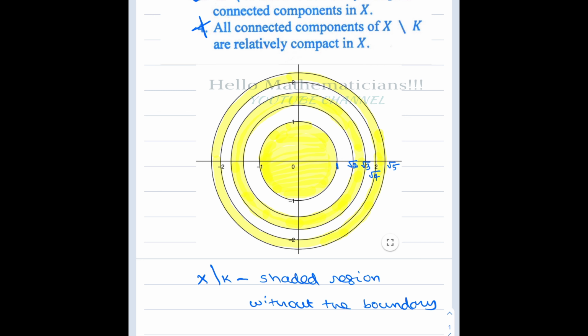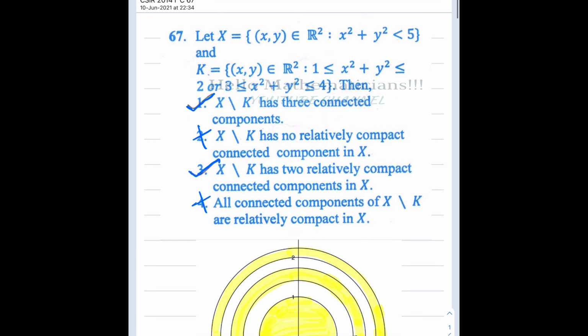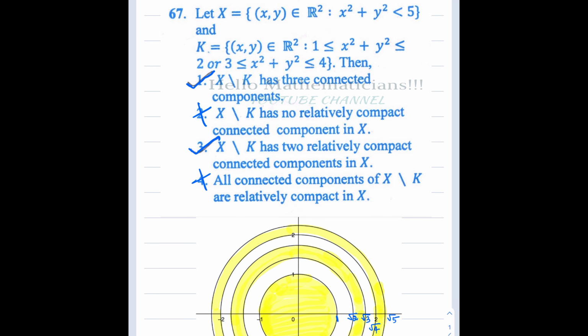Therefore, the outermost circle is a circle of radius root 5, and X is the interior of x square plus y square less than 5. Equal to 5 means it is the circle, greater than 5 means it is outside the circle, less than 5 means it is inside the circle.